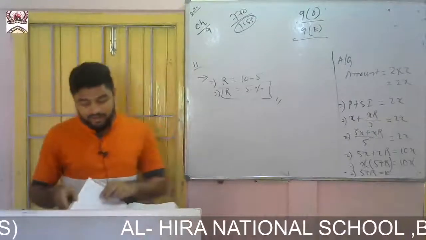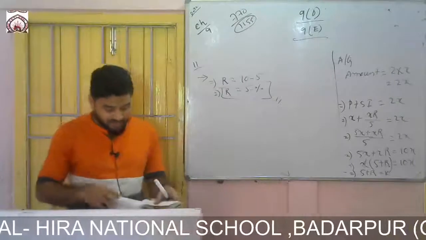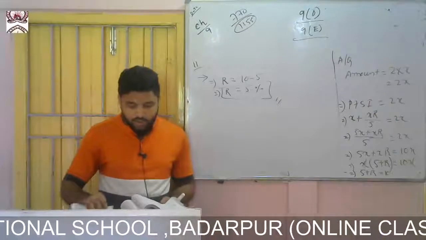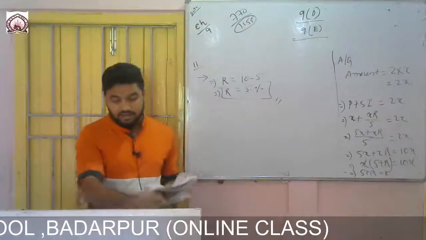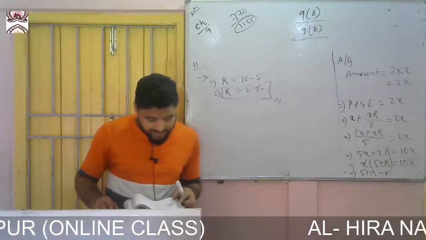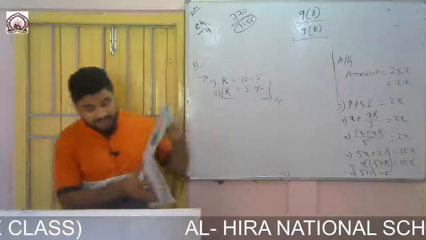You can solve this one at home, because it is the same. 250 is the principal amount, and 285 will be the amount.